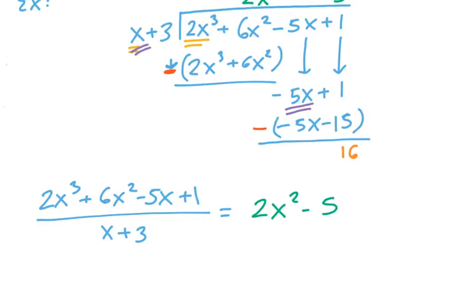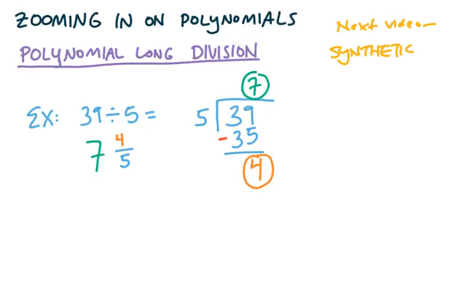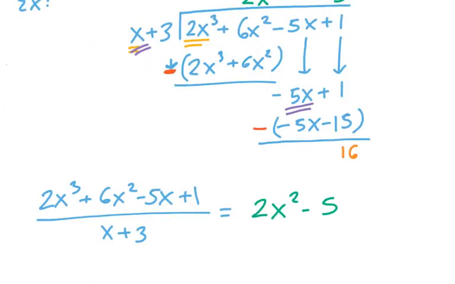And then the way we write our remainder here is no different than what I did in the last example with the numbers. Remember, I was able to write the remainder as 4 over what we were dividing by. I use that same technique here. So I'm going to say plus 16, a positive 16, divided by x plus 3. Cool.